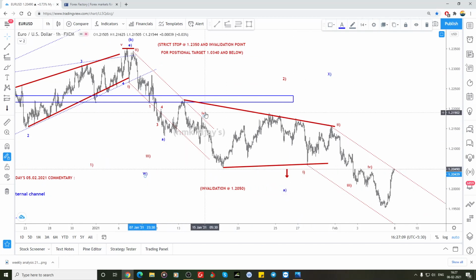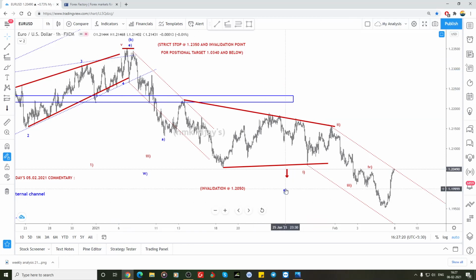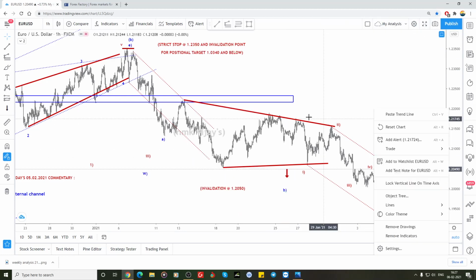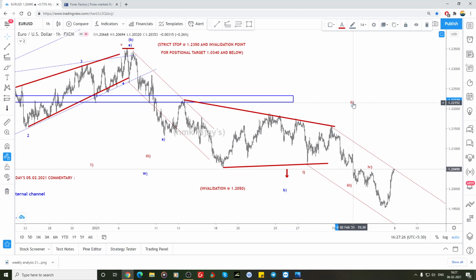Here, one second, be patient. I'll remove all those drawings. So we will make it as a B, and we will here, right? So now it's looking like a different structure.